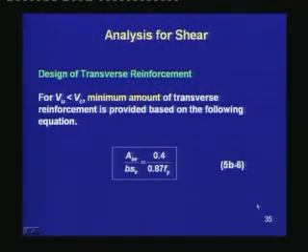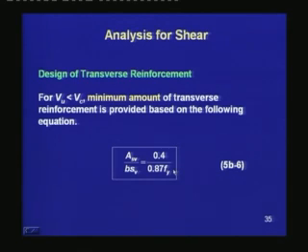For the design, if Vu is less than Vc, theoretically we do not need stirrups, but the code says that we have to provide a minimum amount of transverse reinforcement, which is based on the equation Asv divided by b times Sv is equal to 0.4 divided by 0.87 Fy.